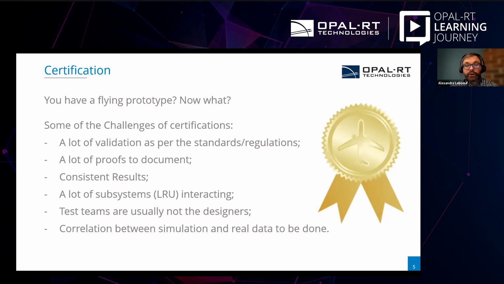And finally, the correlation between the simulation and real data needs to be done. Why is that? Because the certification bodies will need to have proof that the simulation data that you've gathered with the hardware in the loop system will be representative of the real system.